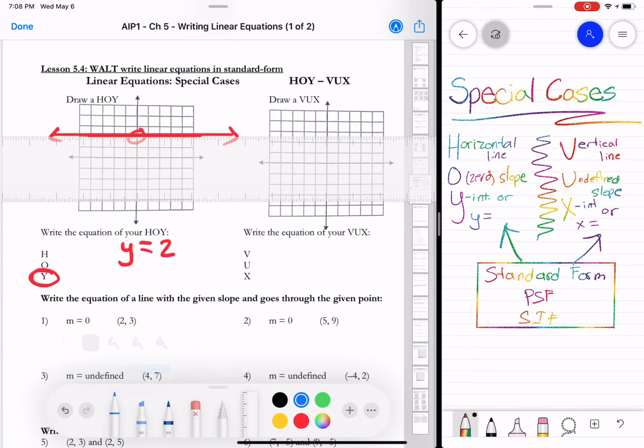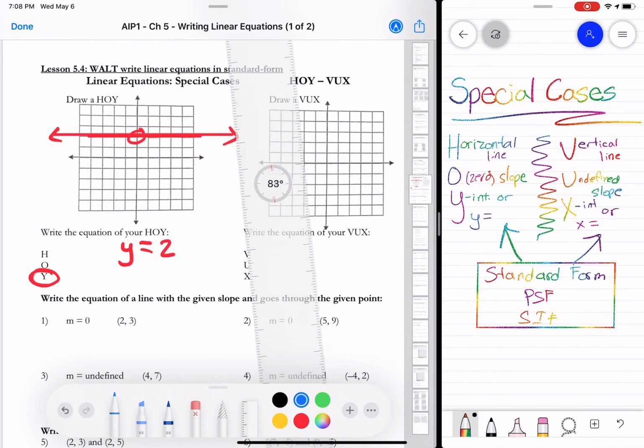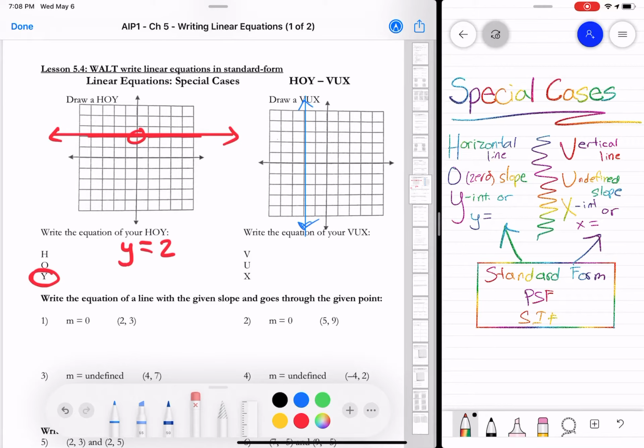Now, I'm going to take my ruler and draw an example of a VUX. Draw a vertical line, have my arrows, and that one is going to be x equals -2 because it intercepts the x-axis at -2 and it's an x equals equation.